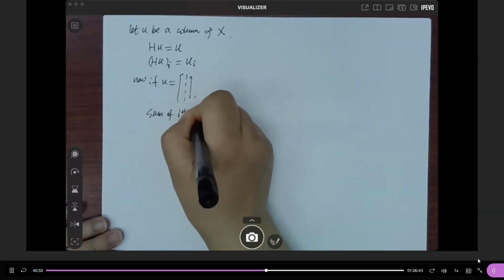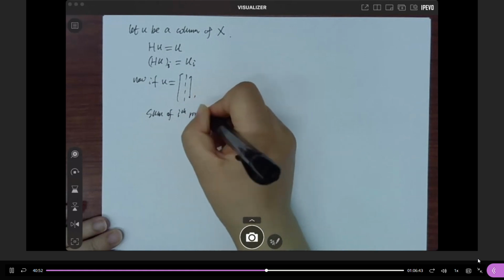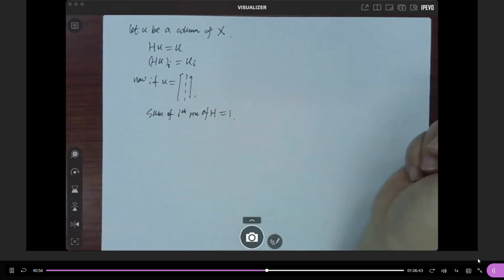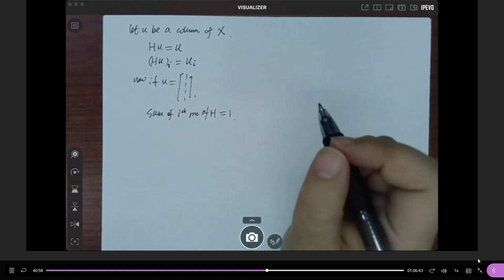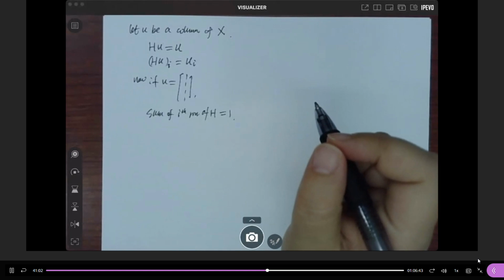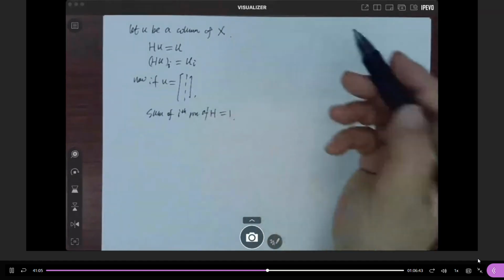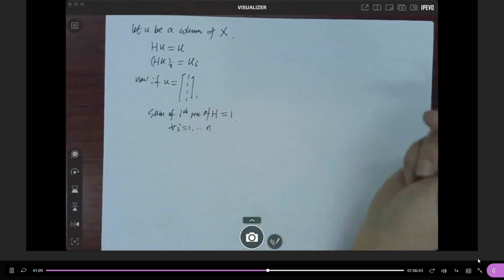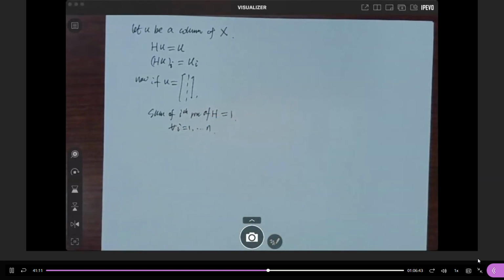The sum of the ith row of H equals 1, right? And this applies to all i, for all i equal to 1 to n. All right?